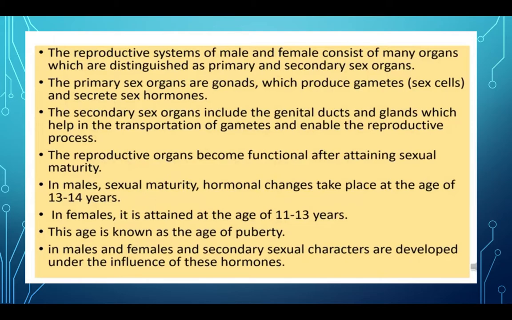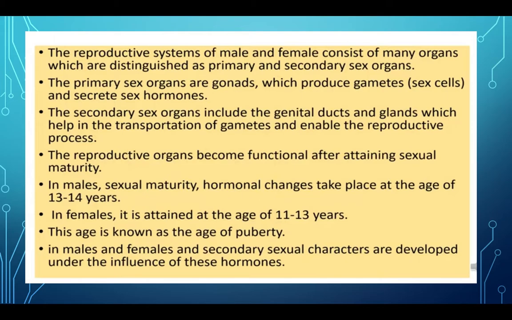The secondary sex organs include the genital ducts and glands, which help in the transportation of gametes and enable the reproductive process. So, primary sex organs and secondary sex organs together help in the process of reproduction.